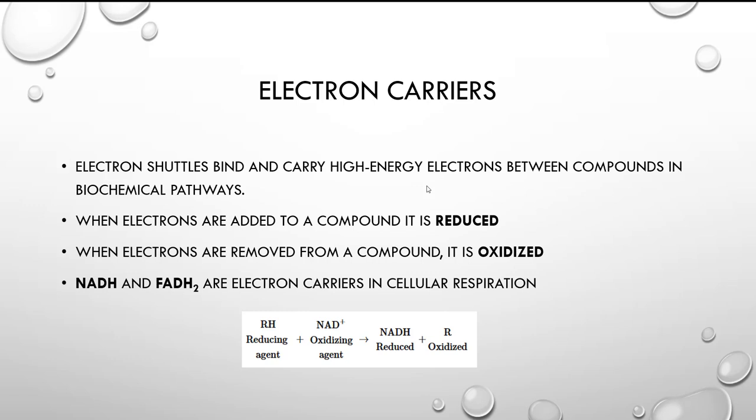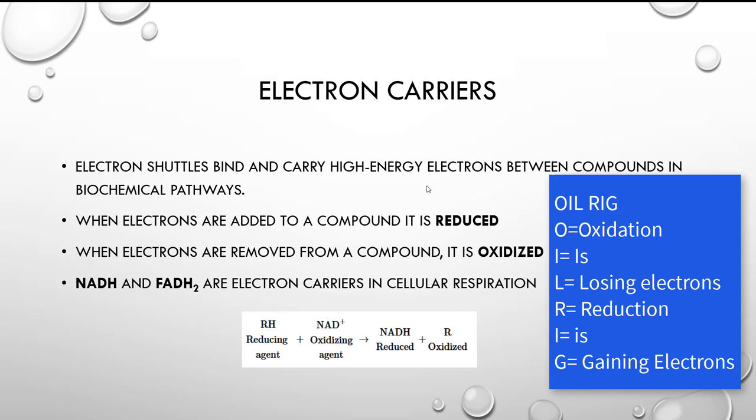A way to remember it, there are actually two acronyms that you can use. One of them I like better, so I'll use that one. It's called OIL RIG. OIL: oxidation is losing electrons. O stands for oxidation or oxidized, and I is L, losing.